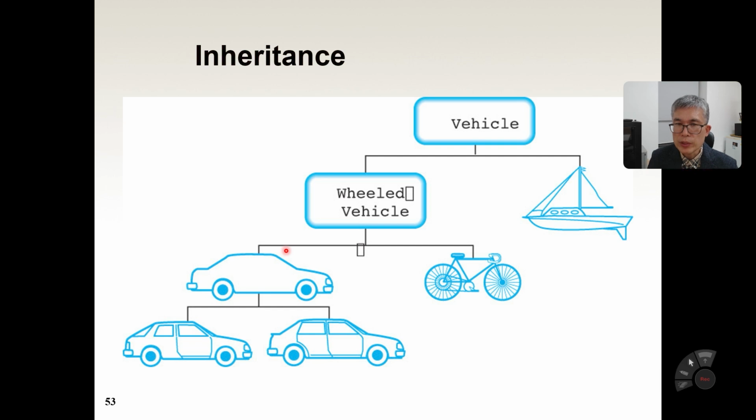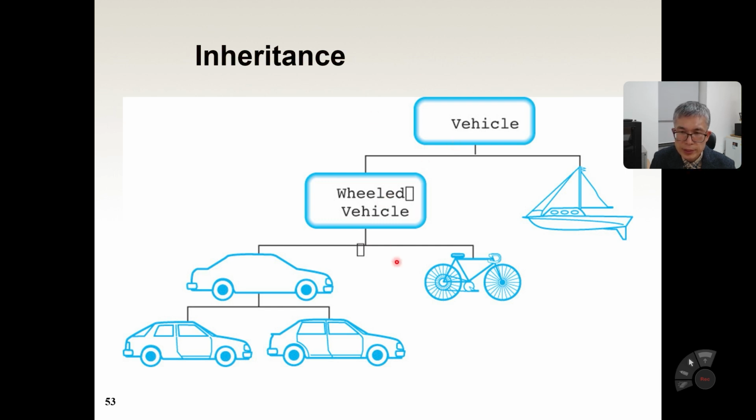Okay, let's move on. Inheritance. So we can define vehicle, and then the wheeled vehicle can be built on the existing vehicle class. This is good for code reuse. Also it is safer, because the base class or parent class is already tested, and in the inherited class case we can develop easily, because most of the variables and functions are verified in advance.